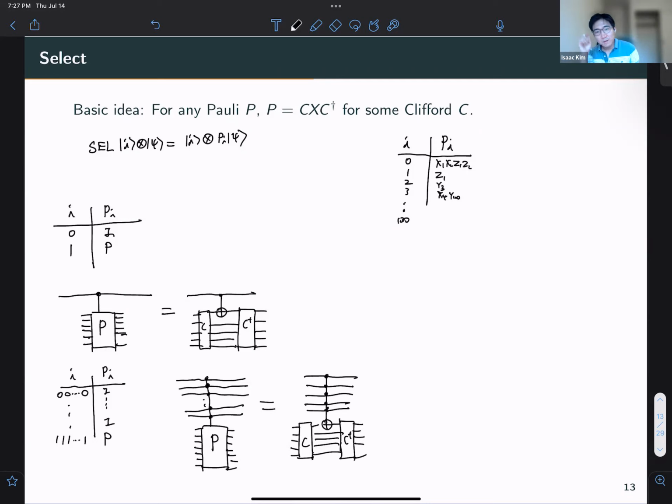So if you have a more complicated looking lookup table, before you apply this control gate, you simply flip the sum of the bits. And that way you can just fill up the entire lookup table one by one. So select is a very simple operation that you can straightforwardly implement using this method.